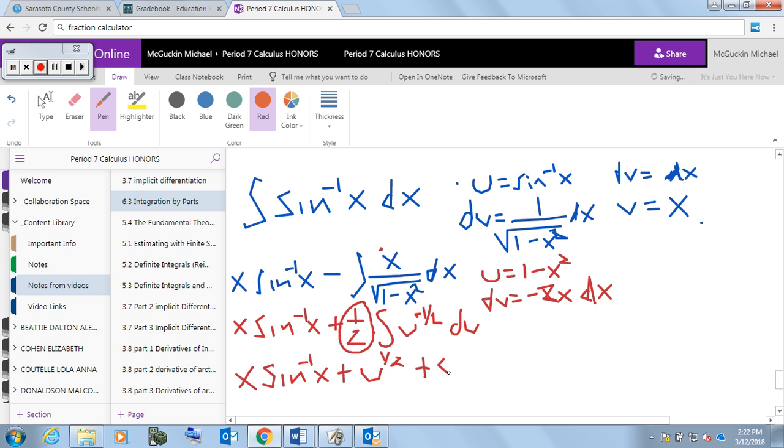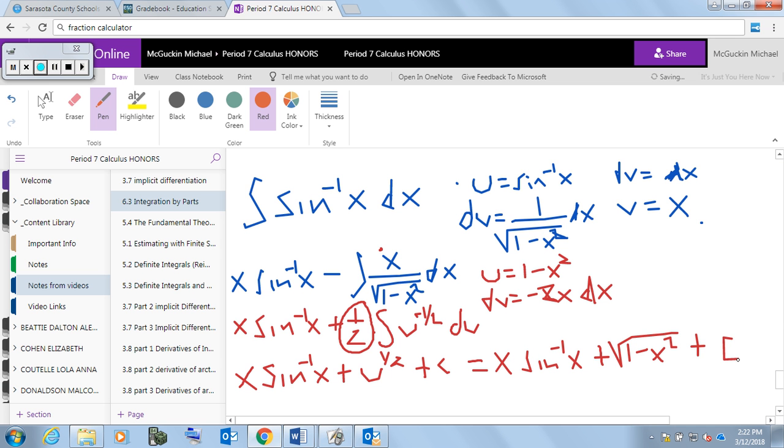The last thing I need to do is substitute my u back in. So this is x times the sine inverse of x, and then substituting our u back in, we finish off with plus the square root of 1 minus x squared, or you can leave it to the 1/2 power, it's up to you, and then there's our plus c.